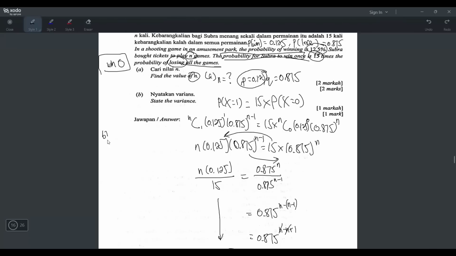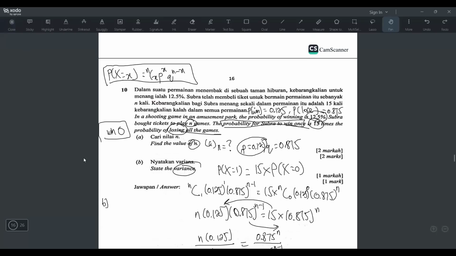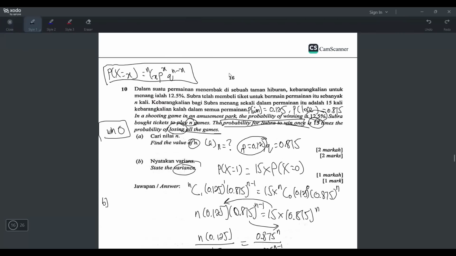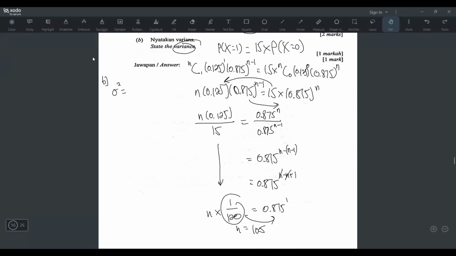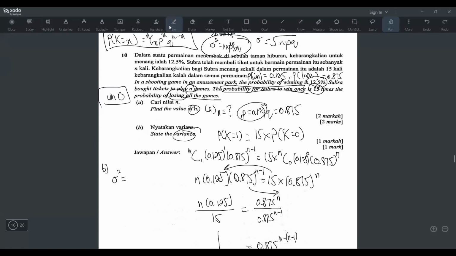Question B is very easy lah. They want to state the variance, right? Under binomial, you also learn that the mean formula is np, the variance is npq, and the standard deviation is square root of npq. It means under binomial you learn these four formulas. So state the variance, variance is this one. The symbol looks like this, and then n times p times q, the npq you have all already. n is 105, right? So 105 times p, 0.125, times q, 0.875.